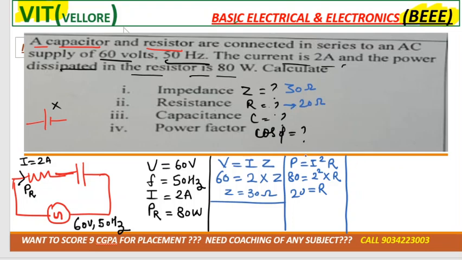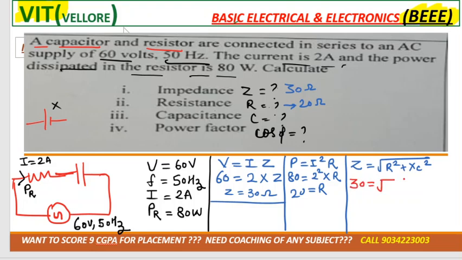Now next is the capacitor. You know the formula Z equals root of R squared plus XC squared, right? Do you know Z? 30.